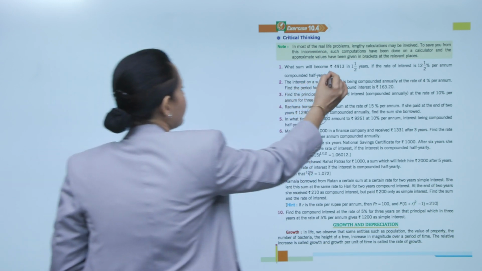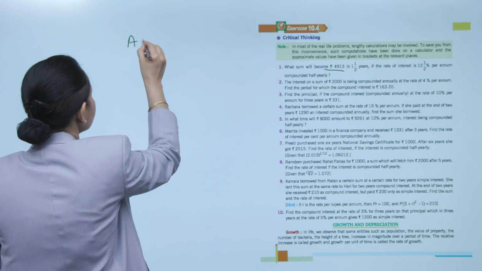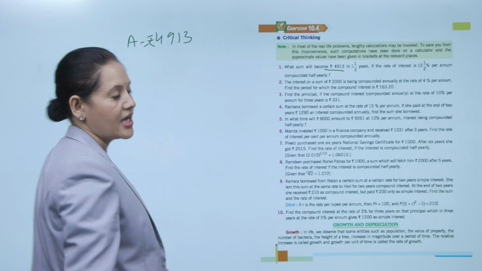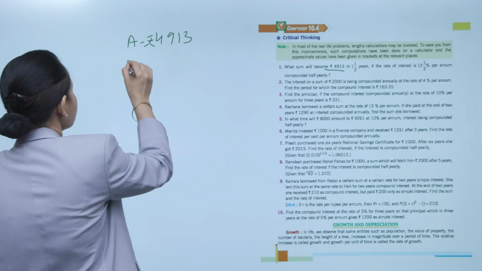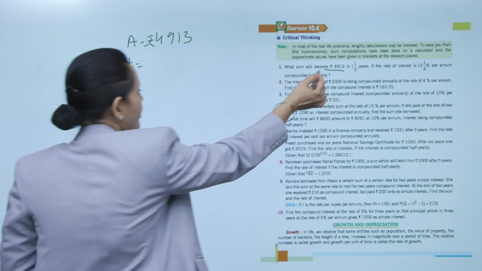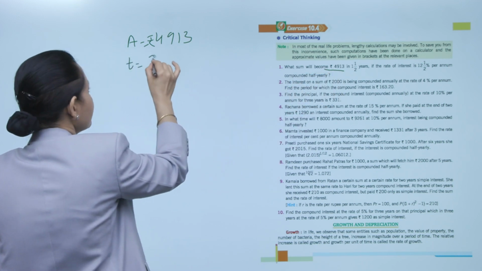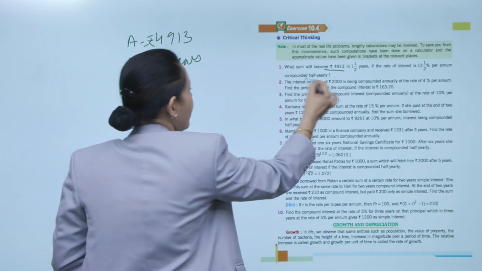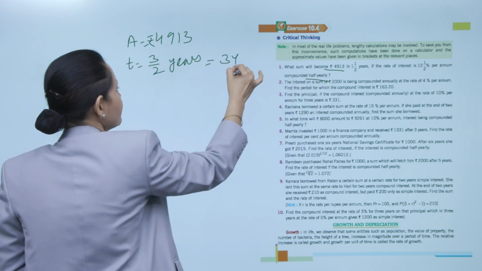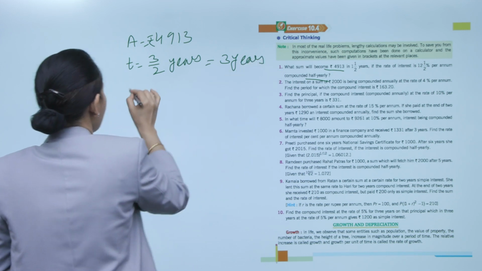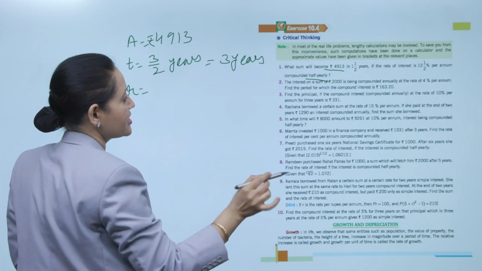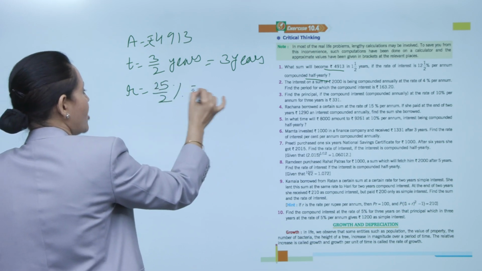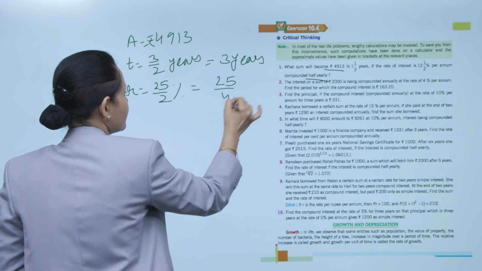So here the amount is given, 4,913 rupees, and time is given, 3/2 years, but we have to compound half yearly, so it doubles to 3 years, and the rate of interest that is given is 25/2%, so it becomes half, 25/4%.